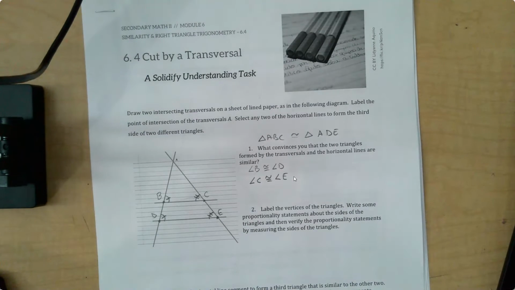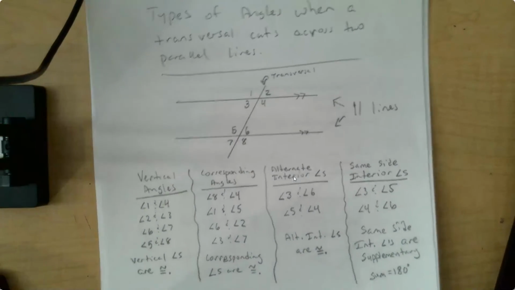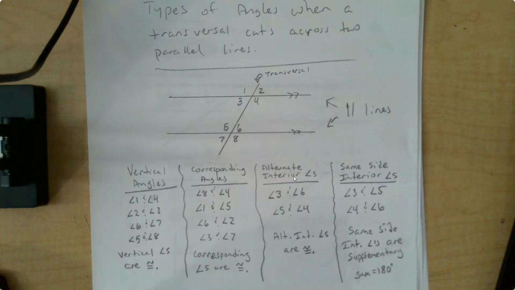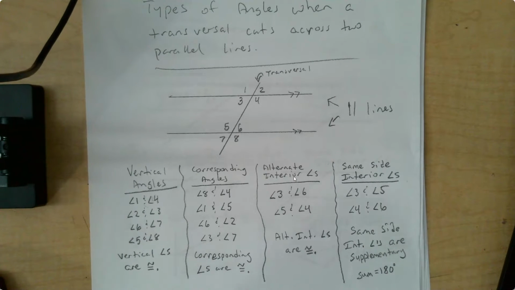This brings me back to this one right here. This is one of your guides that helps you. We've got two horizontal lines, don't we? And then I have two angles in these positions right here, and they are 2 and 6, 6 and 2, corresponding angles.